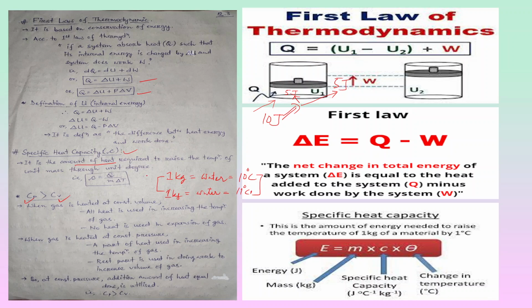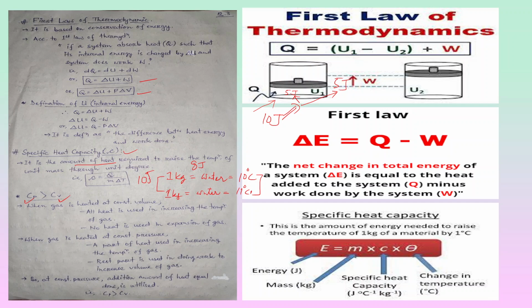The amount of heat, suppose to increase their temperature we get 10 joules. But when we keep volume constant and again we raise their temperature, then we see that only 8 joules are needed to raise their temperature. Then we get some differences.